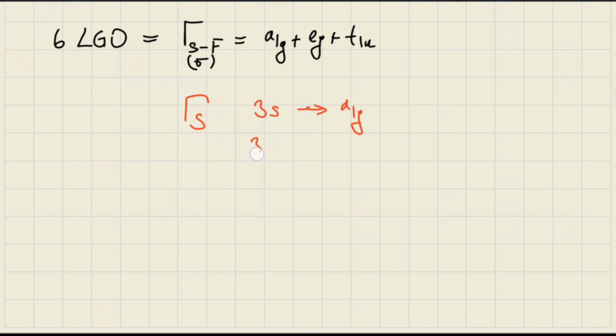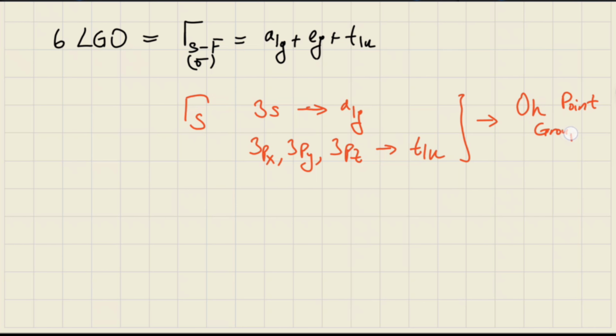And we have 3px, 3py, and 3pz orbitals, and they have T1u representation. If you are not sure, by the way, these are the central atoms. You can look at the octahedral point group table, so it should be clearly written.